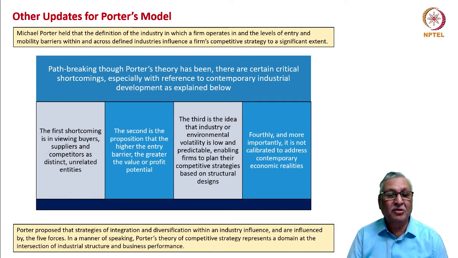The first shortcoming is in viewing buyers, suppliers, and competitors as distinct, unrelated entities. The reality is that they are interrelated with the incumbent industry, but also with other adjunct industries. And firms tend to be common suppliers. Firms can be producers and consumers. Firms can be competitors as well as collaborators.